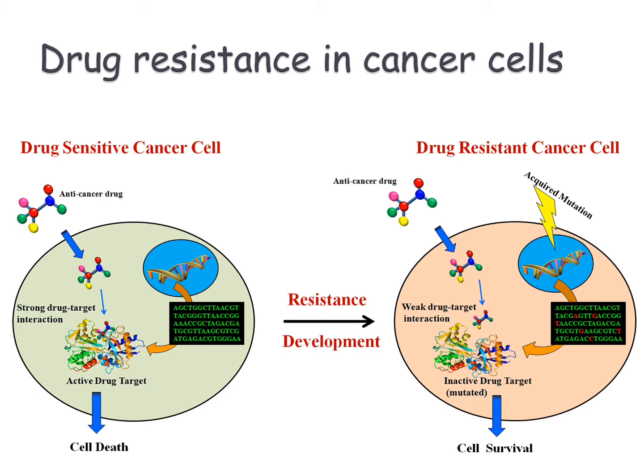Okay, so again, an example of converting a drug-sensitive cancer cell into a resistant cell. On the left, we have the drug coming into the cell, interacting with the target, in this case a protein, and resulting in the death of that cell.